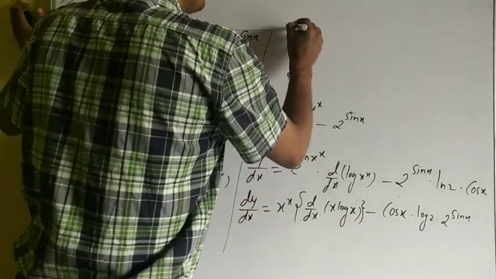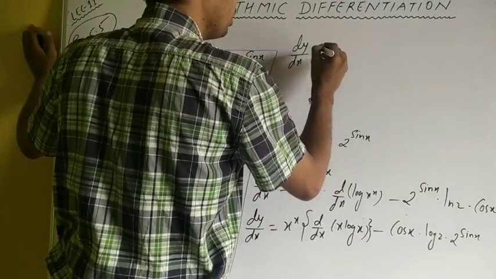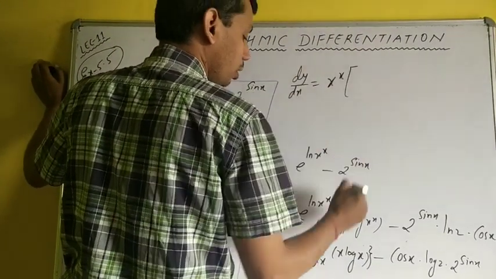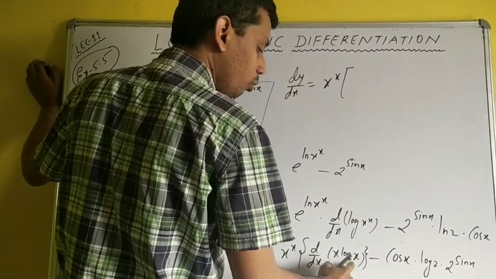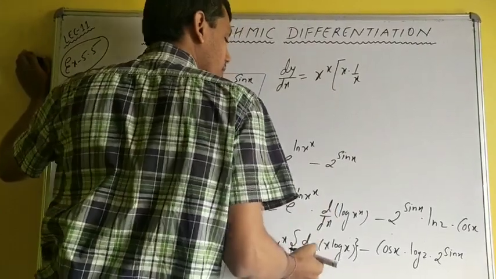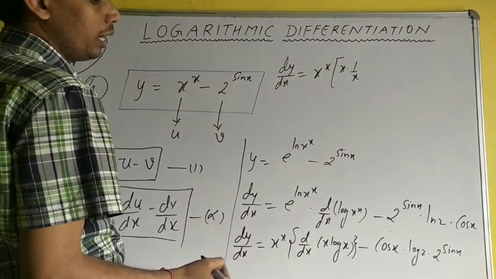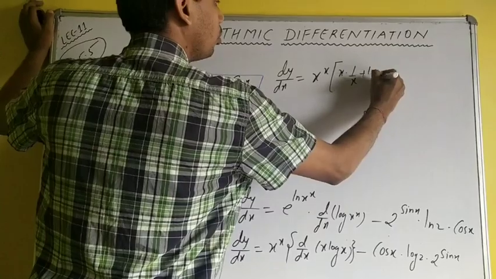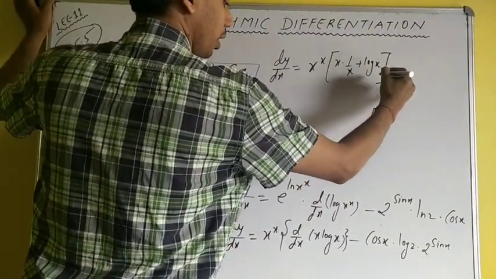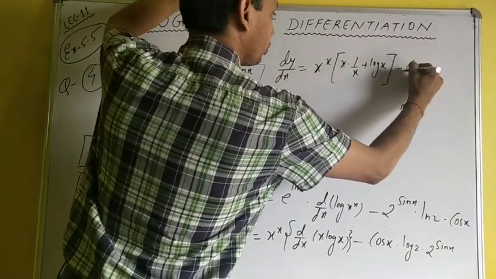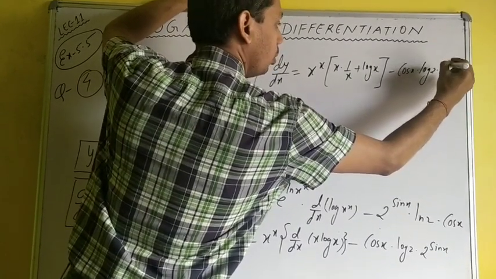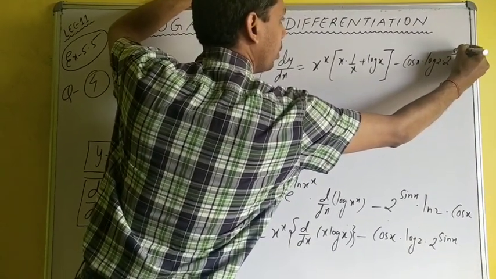Now dy by dx is equal to x to the power x, and this is in the form of u into v. Keeping x constant, we differentiate log x. The differentiation of log x is 1 by x. Now keeping log x constant, we differentiate x, and the differentiation of x is 1. Minus cos x into log 2 into 2 to the power sin x.